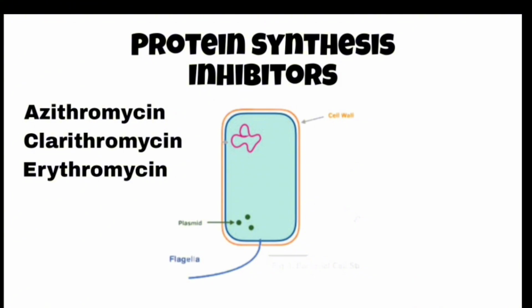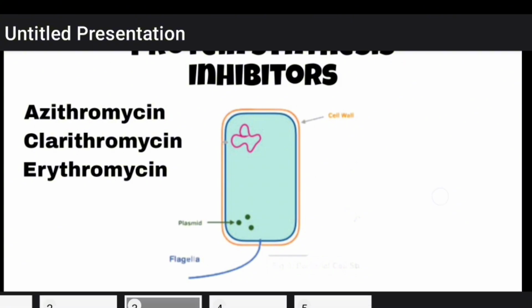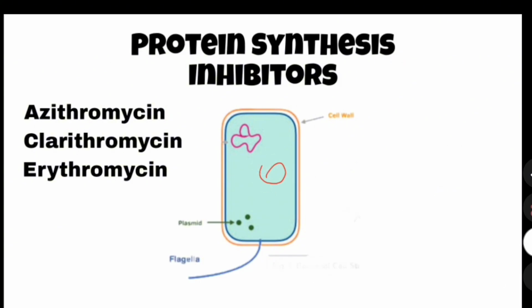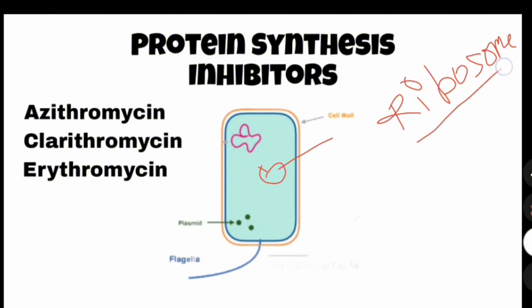Protein synthesis inhibitors are antibiotics which act on the bacterial ribosomes. What are ribosomes? Ribosomes are a protein factory. They manufacture protein inside the bacterial cell, and bacterial ribosomes are far different from human or animal ribosomes.